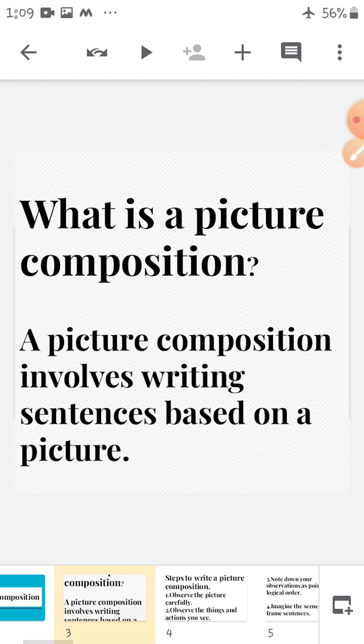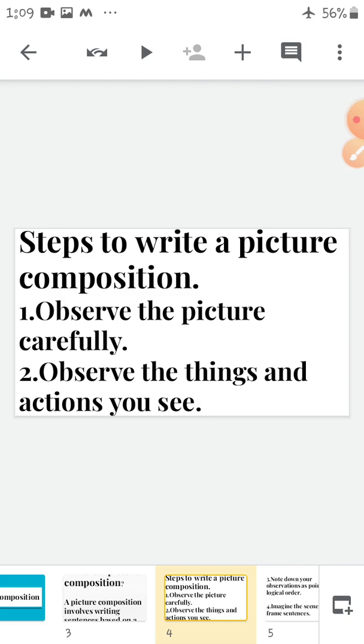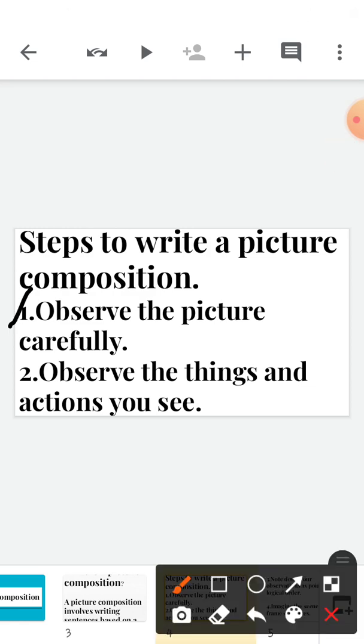Now, what are the steps you have to follow to write a picture composition? First, you have to observe the picture carefully. When you are given a picture, you have to see it very carefully.